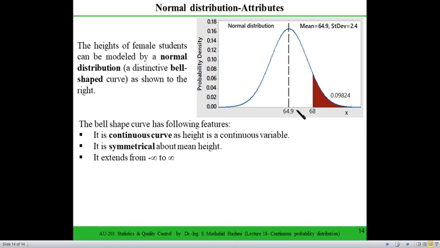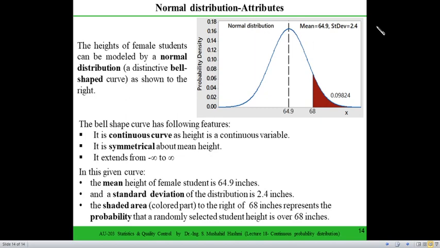Obviously for smaller values you have very low probability, and even for higher values you have very low probability. But the central tendency of the data lies at the mean value of the distribution, which is in the middle. In this example, the mean height of the female students comes out to be 64.9 inches, and the standard deviation comes out to be 2.4 inches.